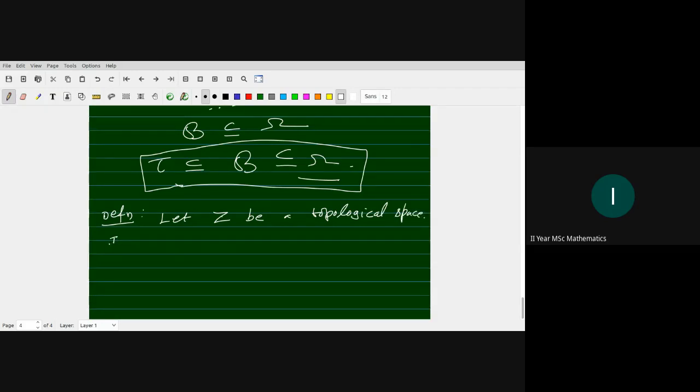Then a function g from Y to Z is a Borel function.